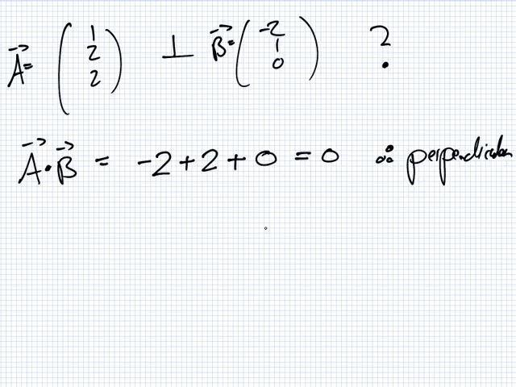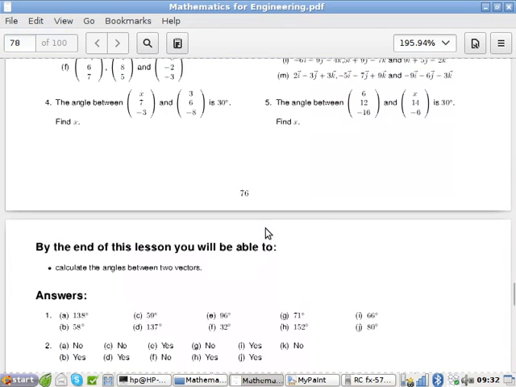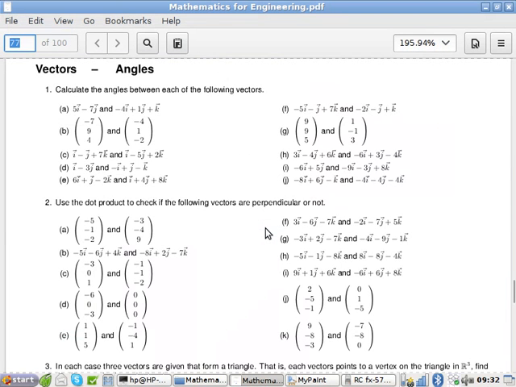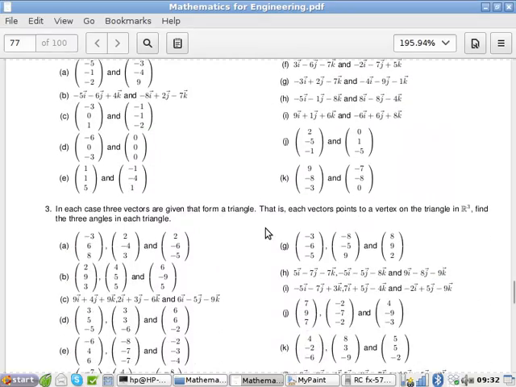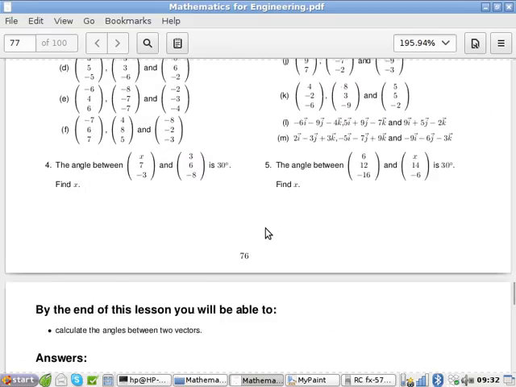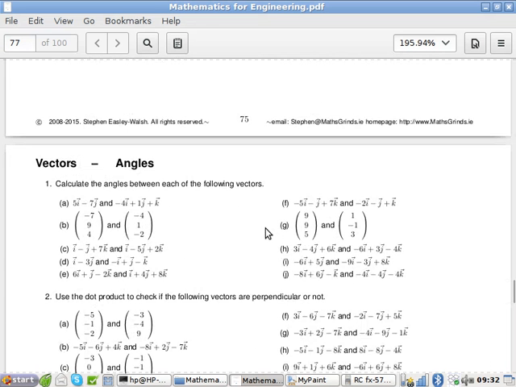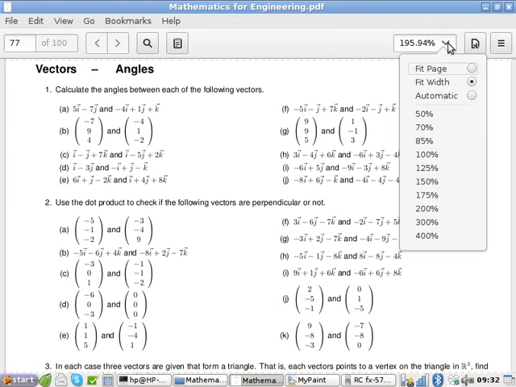Okay, let's have a look at some worksheet questions. If you just have a look at the moment, let's just have a look at some of the questions together.